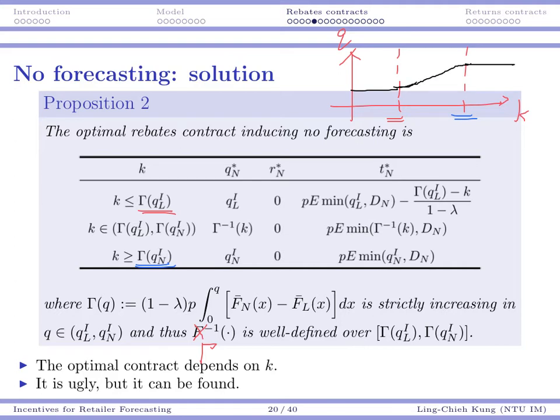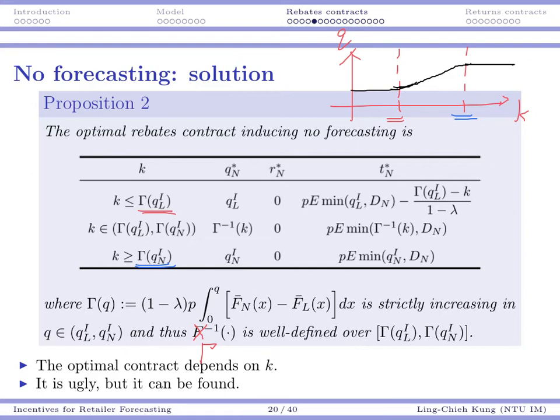So we can say that when the forecasting cost increases, then basically the optimal order quantity, or the quantity that we offer, should also increase. When K goes up, Qn star should also go up. That's something we can find.